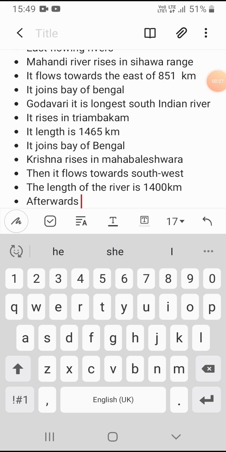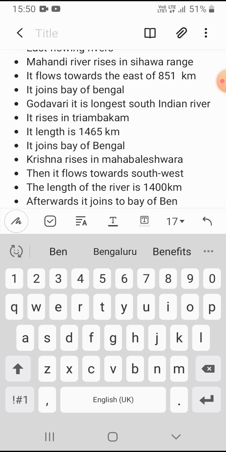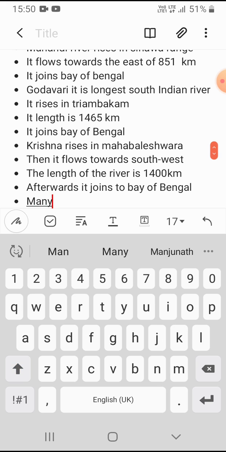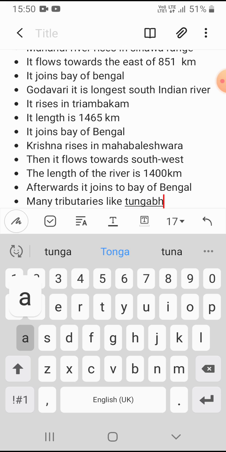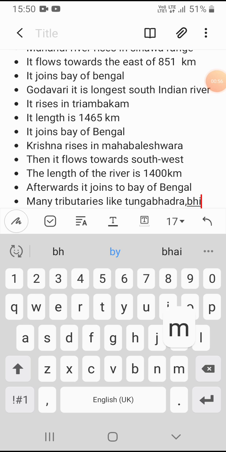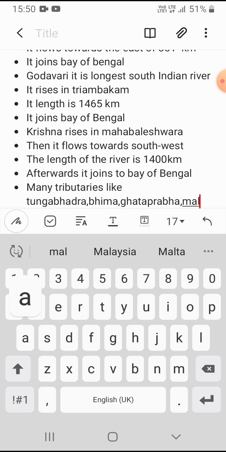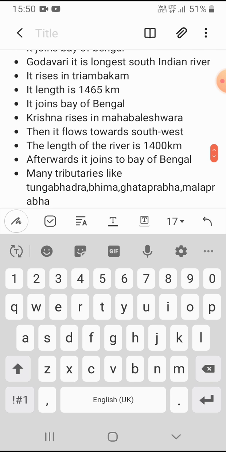Afterwards, it joins the Bay of Bengal, and it has many tributaries, like Tungabhadra river, as well as Bhadra, Bhima, Ghataprabha, and Malaprabha. So these are the tributaries of Krishna river.